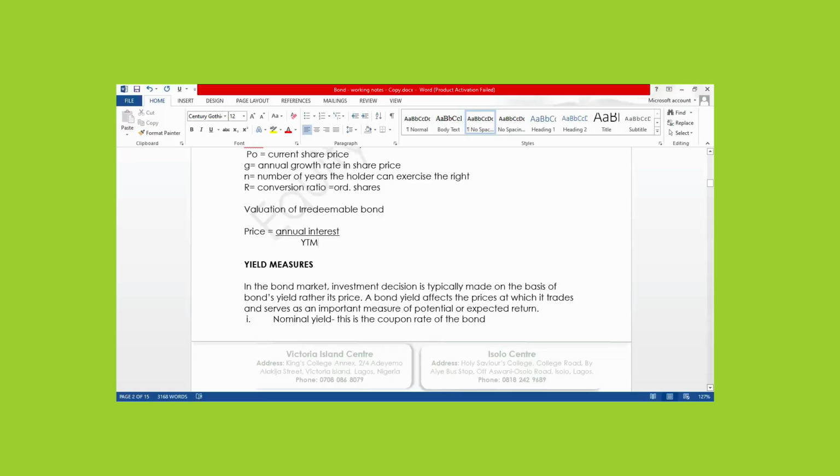The yield is a measure of the return that the investor receives by investing their money in a bond.